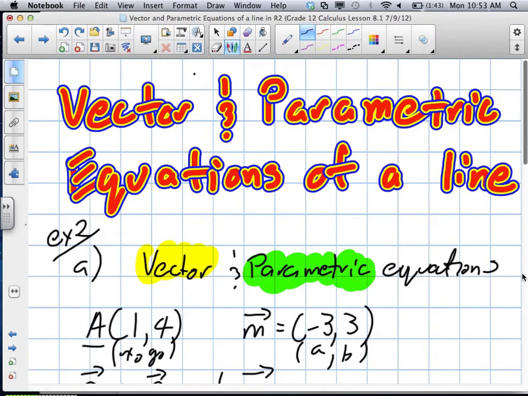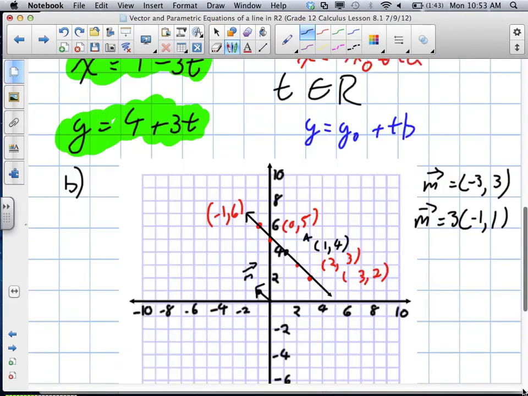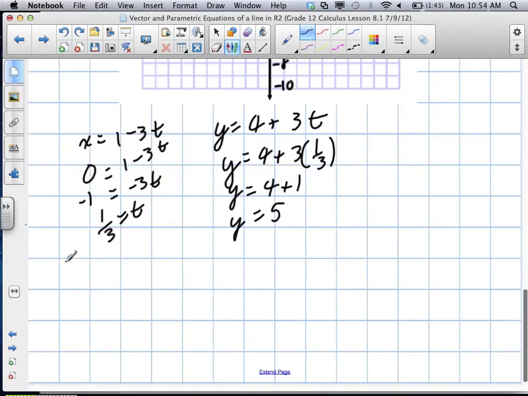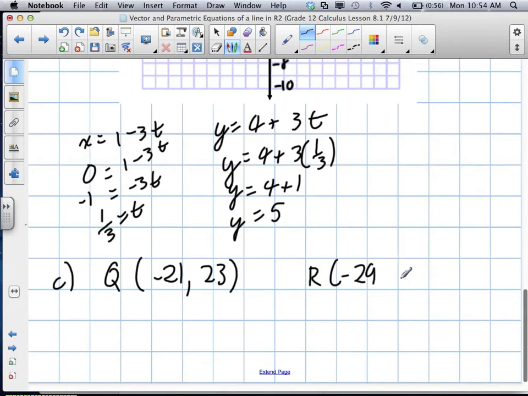Okay, and question C actually gives us a good question down here. C asks if point Q at -21 and 23 is on the line, and if point R at -29 and 34 is on the line. So they want to know if these 2 points are on the line.